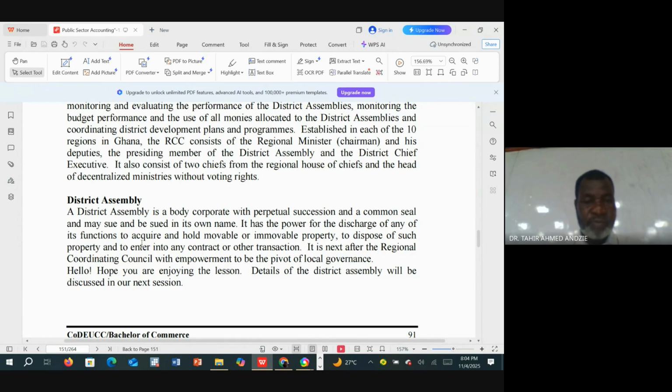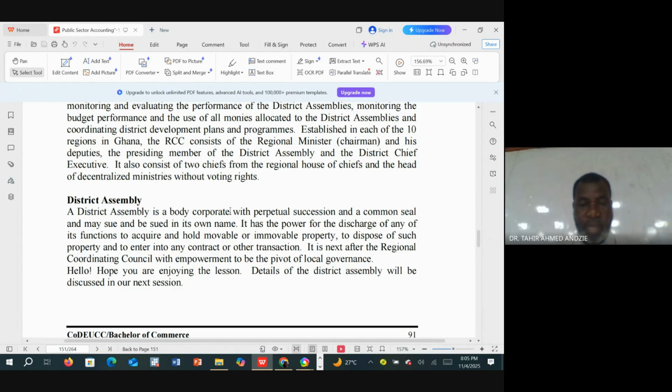So this assembly is a body corporate. Note that particular function we are talking about. When we say something or somebody is a body corporate, it means that particular institution can contract in its name, can sue and be sued, can conduct business in its name.